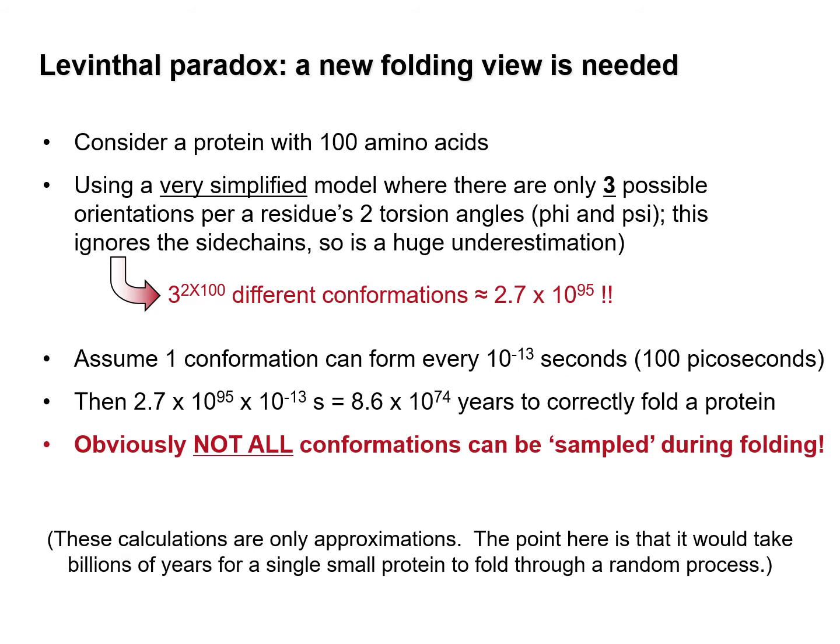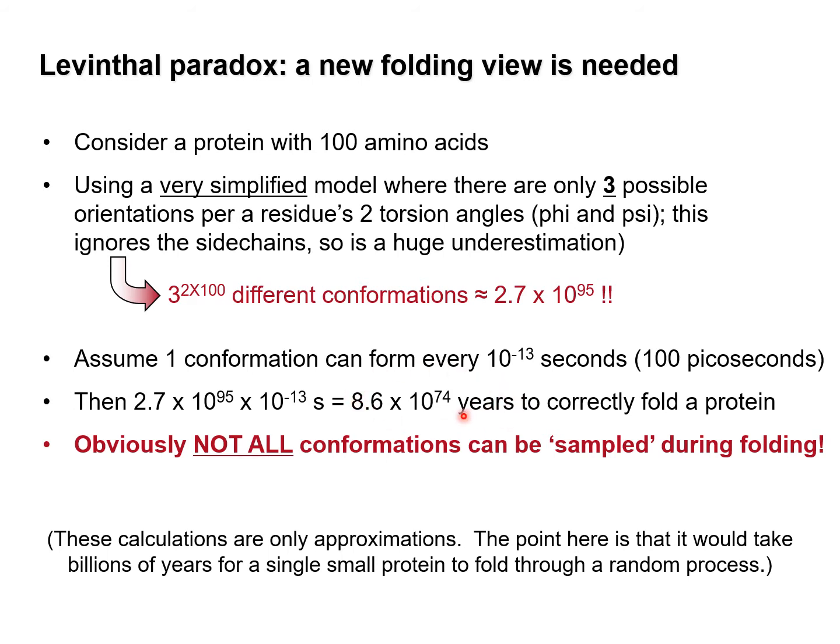Assume that one conformation can form every 10 to the minus 13 seconds, so that's 100 picoseconds, a really short time. Still, if you multiply all the different conformations by the time for each conformation, it's going to be more than 8 times 10 to the 74 years to correctly fold the protein.